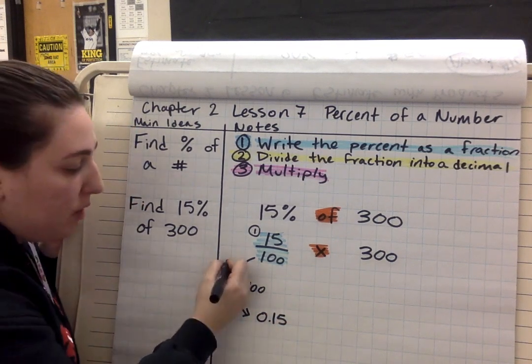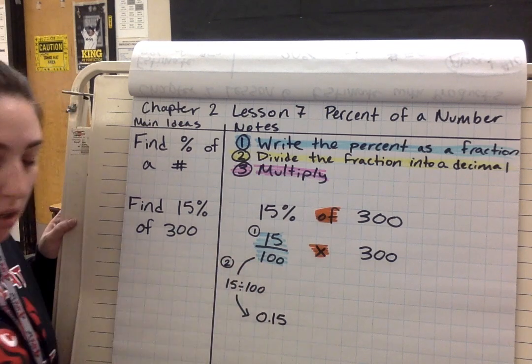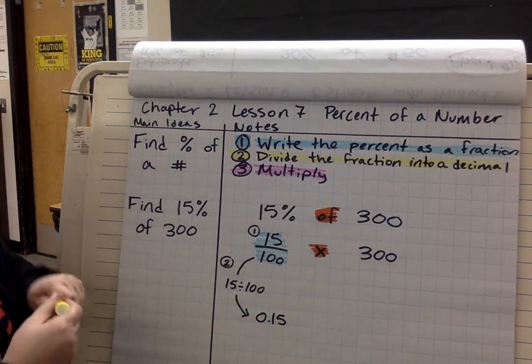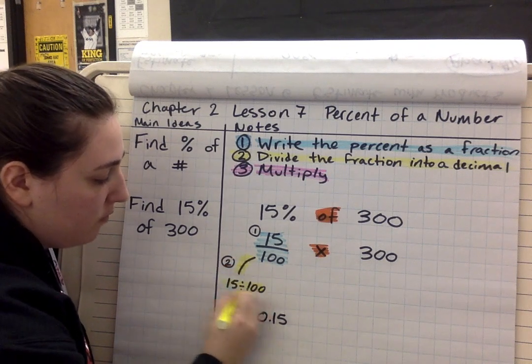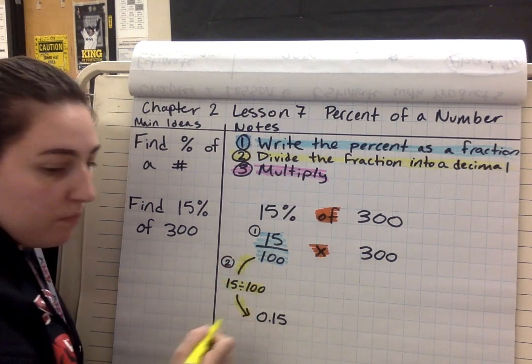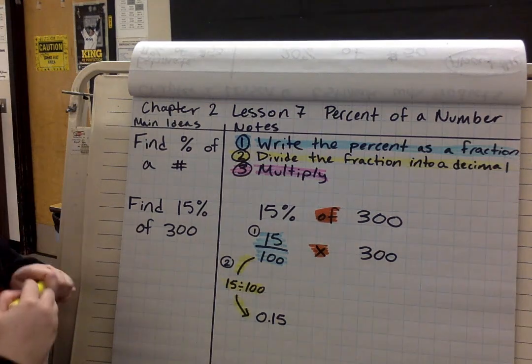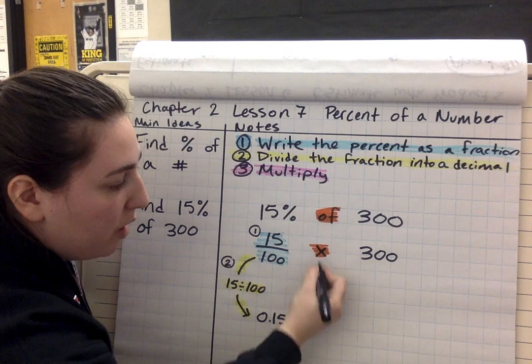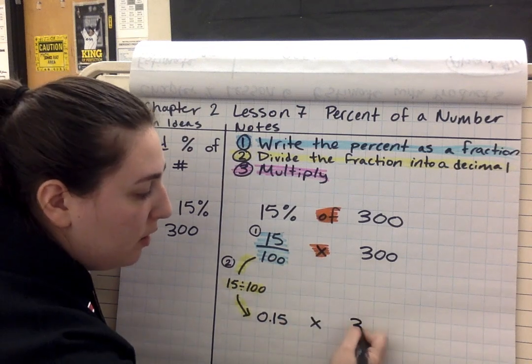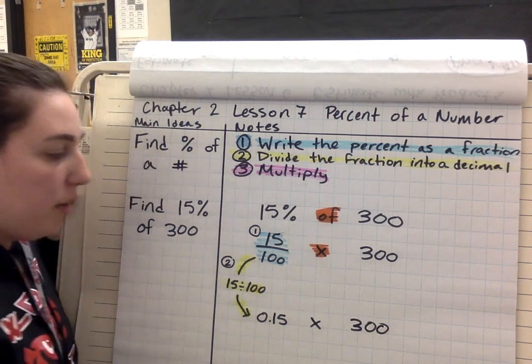And this was step 2. So I'm going to put a little 2, saying that it was our second step. Color code it. And again, I'm going to drop down my multiplication sign and the number 300.